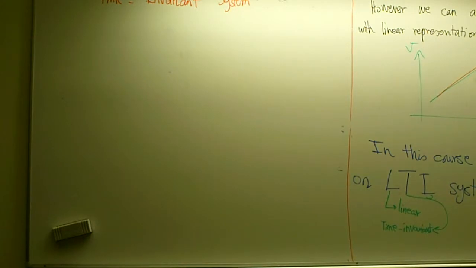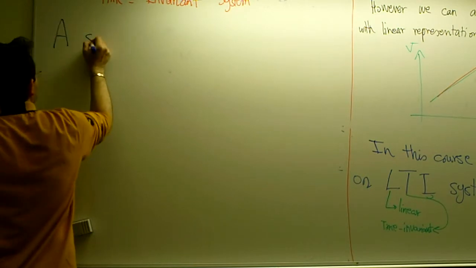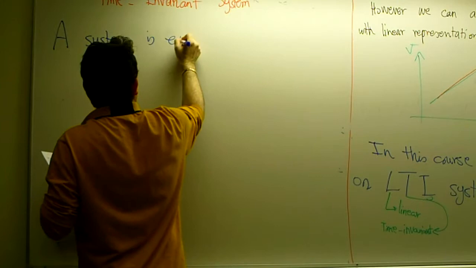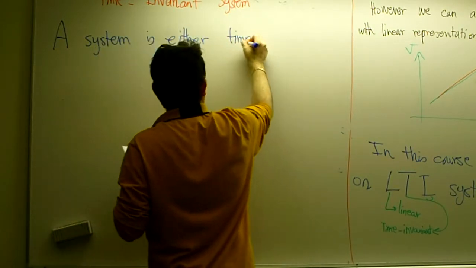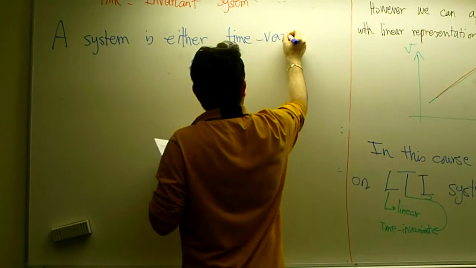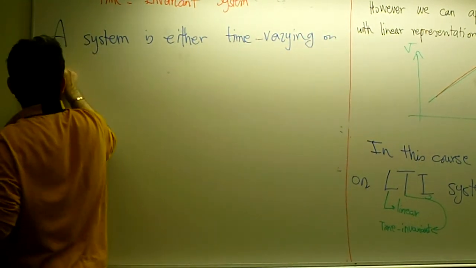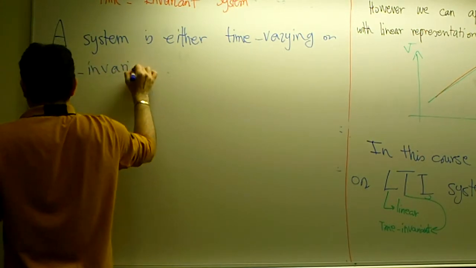So although everything is not perfectly time invariant, we try to keep it as time invariant as possible in our definitions because it's easier. So a system is either time varying or time invariant.